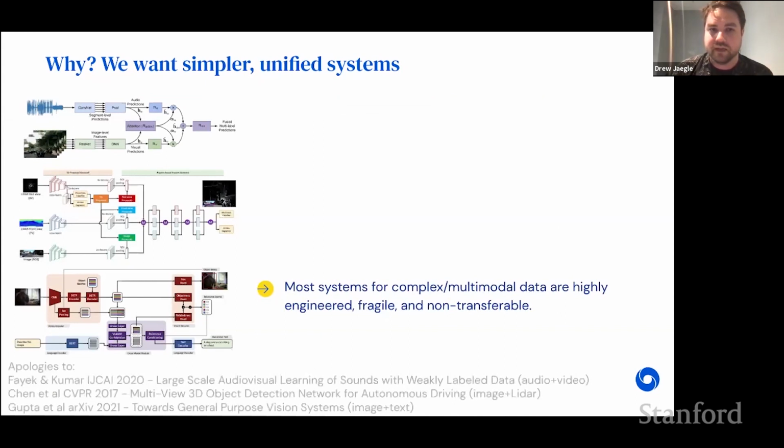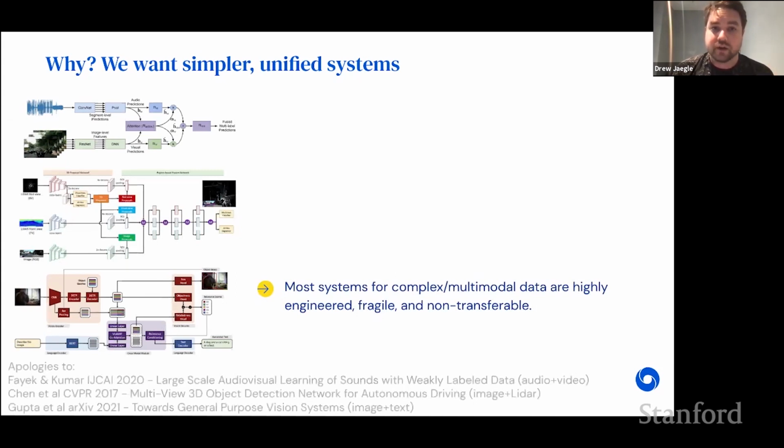So this can mean building specific heads, specific input modules for each of these things, and then trying out various different ways of combining them. And so this can work, but it gives us systems that in principle really will only work on one or a small number of domains.